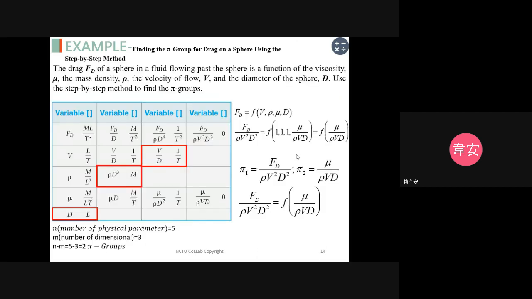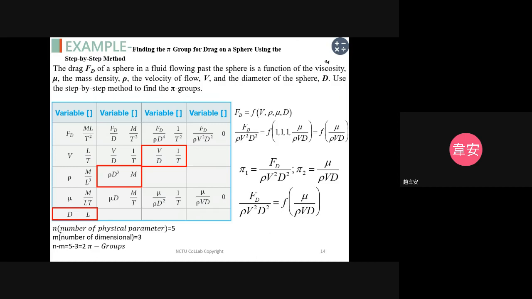The second example is related to the drag force we mentioned before. The drag force Fd on a sphere in a fluid flowing past the sphere is a function of the viscosity mu, the mass density rho, the velocity of the flow v, and the diameter d. Again we follow step-by-step dimensional analysis.